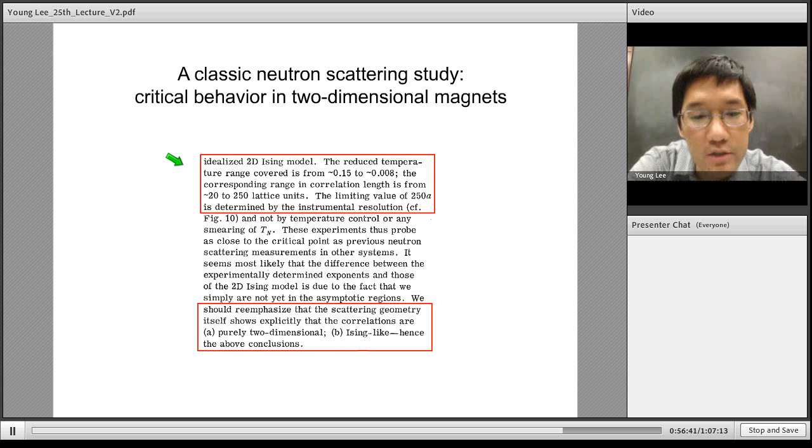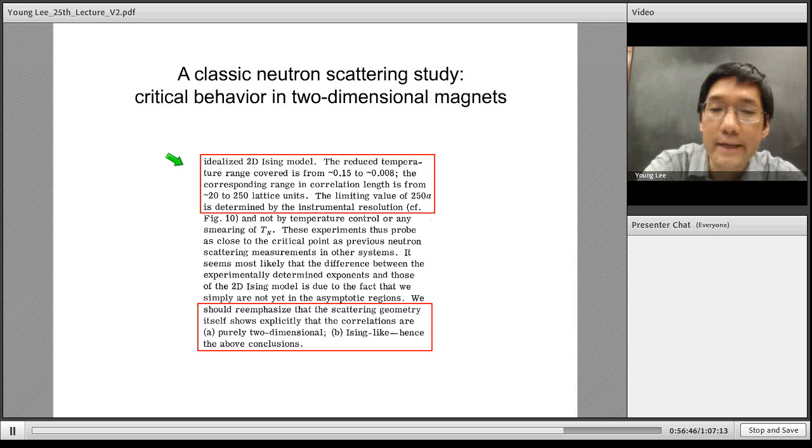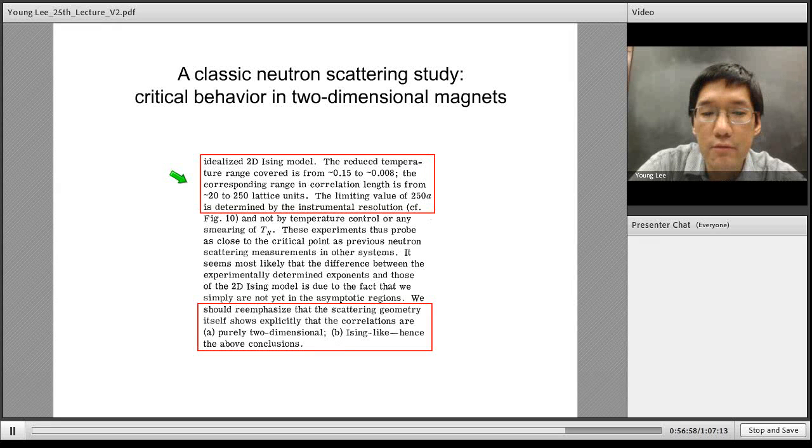So summarizing these really classic experiments on K2NiF4, I can't say it any better than the way they say it in their paper. They measure a reduced temperature range from 0.15 to 0.008, so they're getting very close to TN. And they can measure correlation lengths ranging from 20 to 250 lattice units.